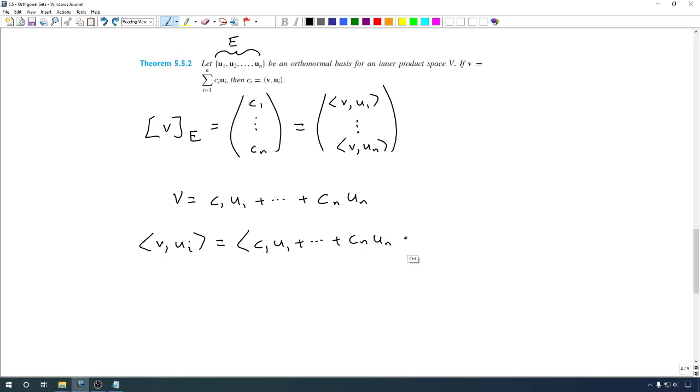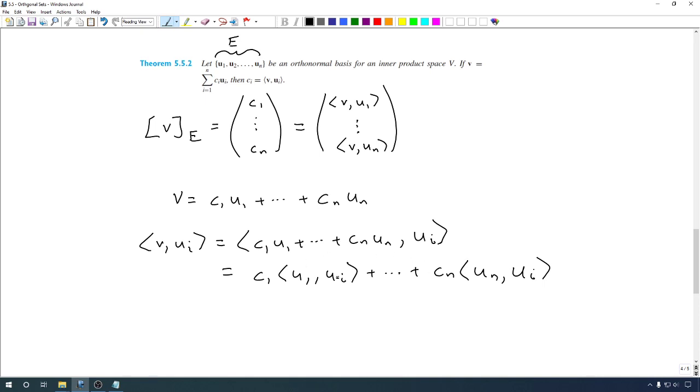Oops, we need this to have a UI in it. Just like before, we can actually break this up. This is C1 times the inner product of U1 with UI, through Cn, the inner product of UN, UI.